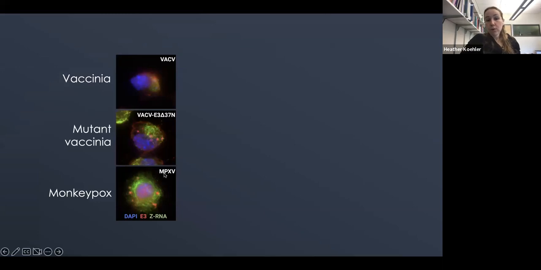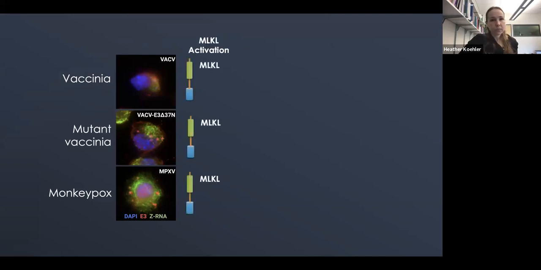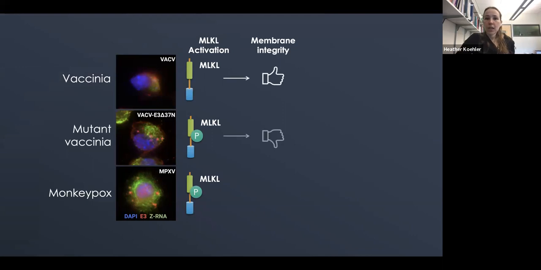It's still producing Z-form nucleic acid, where our Z-RNA staining is really robust at 8 hours post-infection. It's still causing phosphorylation, which is the terminal activation of the necroptosis pathway, but it's not losing its membrane integrity.